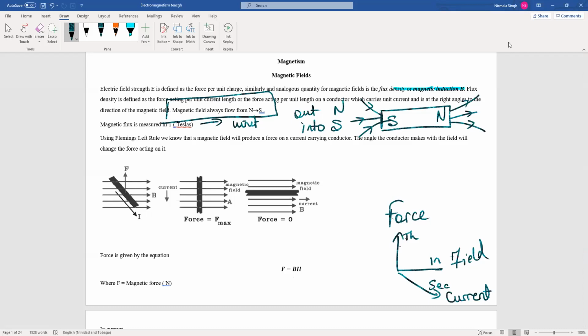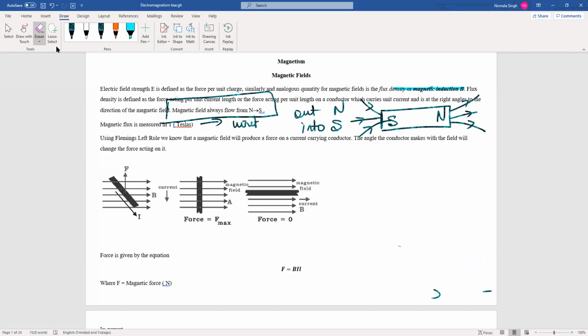So using Fleming's left-hand rule, we know that a magnetic field will produce a force on a current carrying conductor. This is big revision. We're doing really fast crash revision.